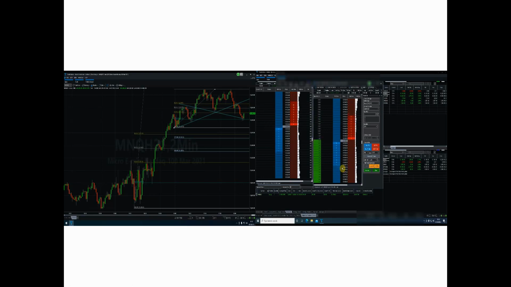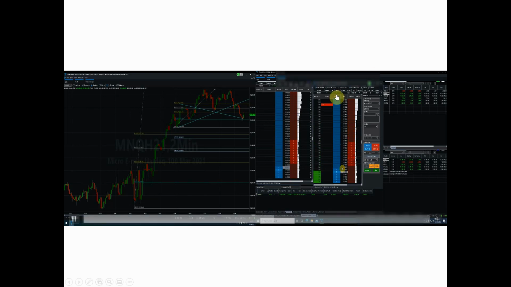So this is the second trade of the evening. There you can see the profit target is now coming into view in red on the trading ladder up here.